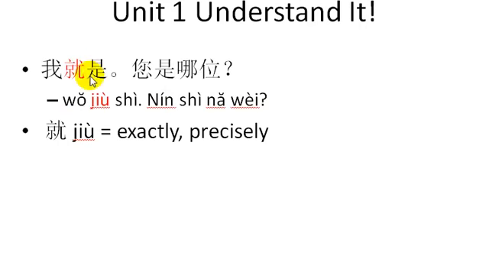So Chang Lao Shi responds using a very interesting multi-purpose Chinese verb, 就. For now, let's just say that 就 means exactly or precisely, and that's how they translate it in your book. So Chang Lao Shi responds and says, 我就是。您是哪位?